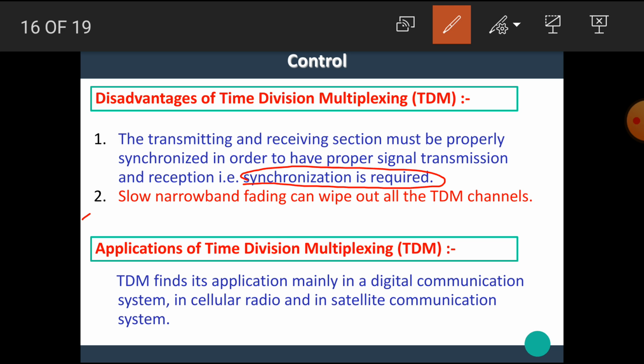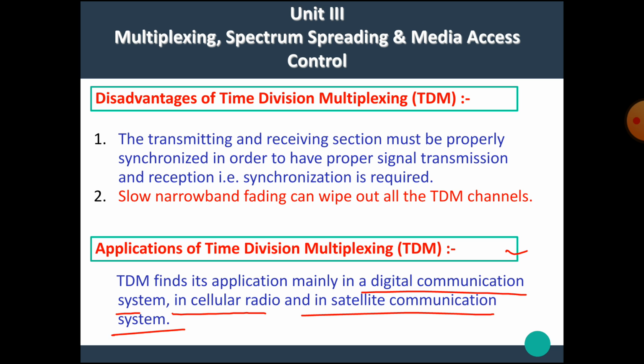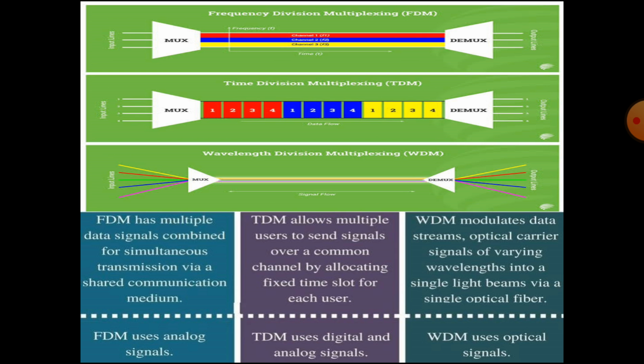The second disadvantage is that slow narrowband fading can wipe out all the TDM channels. Okay. Let's see the applications of TDM. TDM finds its application mainly in digital communication systems, in cellular radio, and in satellite communication systems. I hope you all understand the time division multiplexing technique.